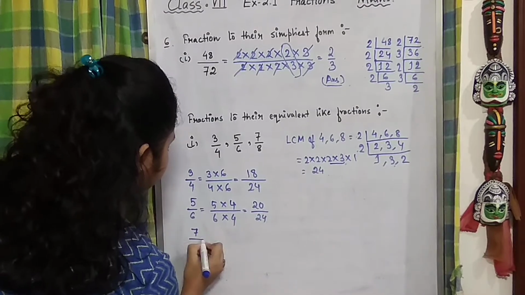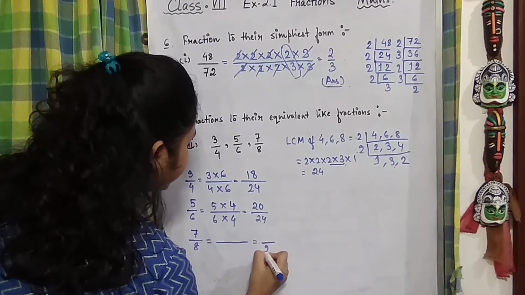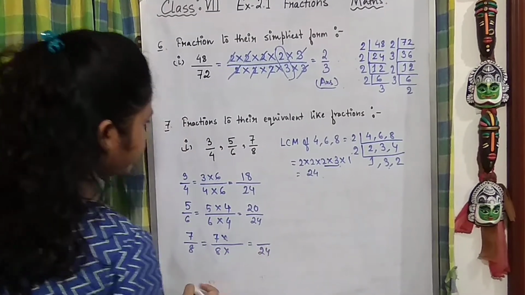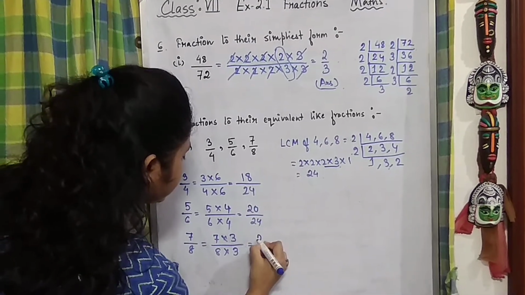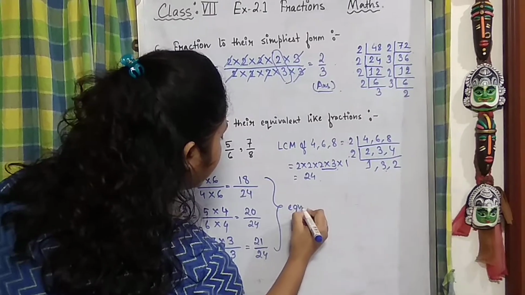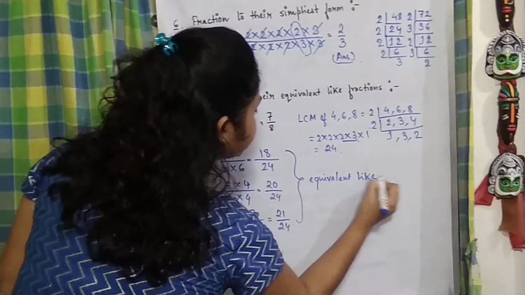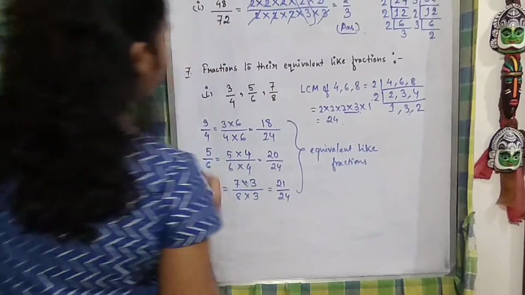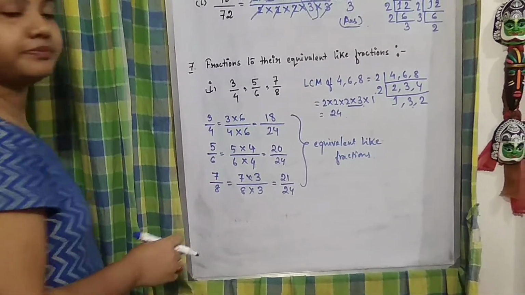Again 7 by 8, where we'll be multiplying 7 by 8 with 3. So these are the equivalent like fractions for 3 by 4, 5 by 6 and 7 by 8.